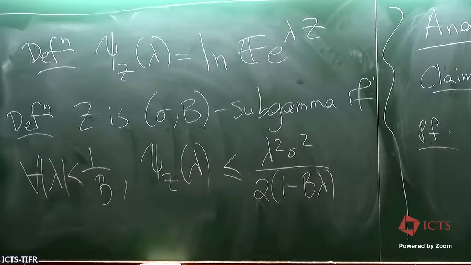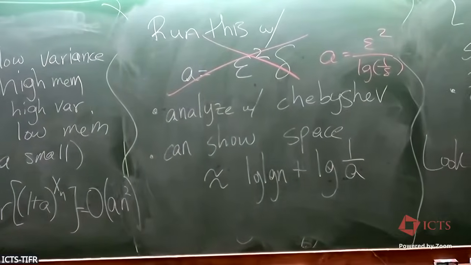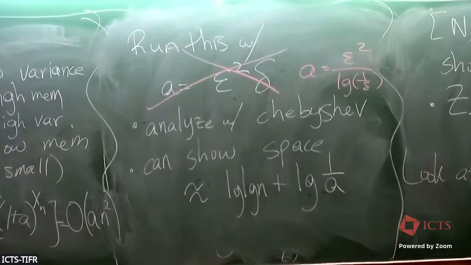You just store a counter. That takes log 1 over a bits. That will let you choose a to be epsilon squared over log of 1 over delta, if you do this kind of analysis based on concentration of sums of geometric random variables.